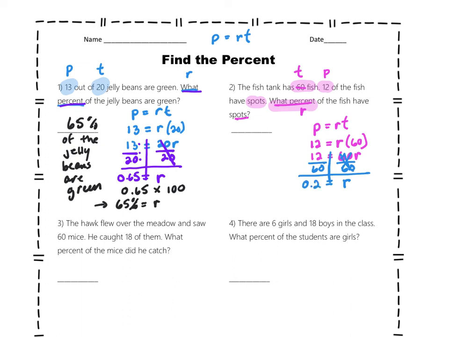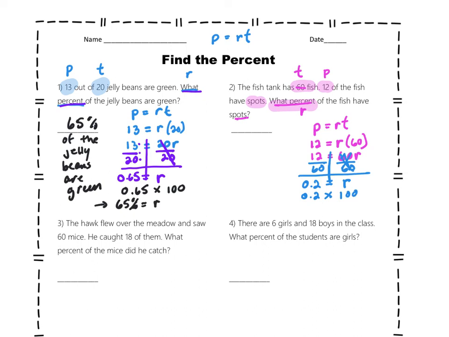So now we have to go back to the question. What percent of the fish have spots? Well, we need for this to be a percent. So we're going to take our answer of 0.2 times 100, because percent means out of 100.